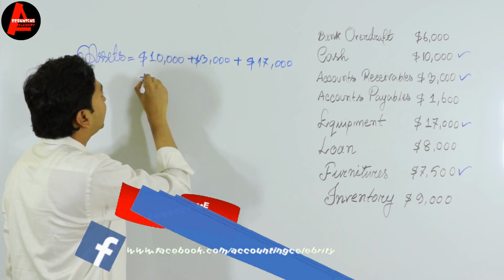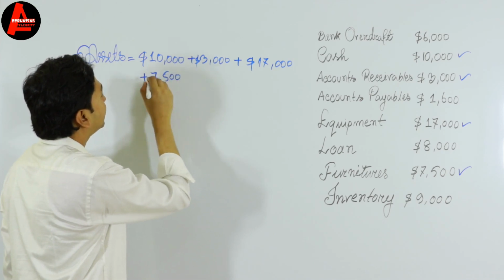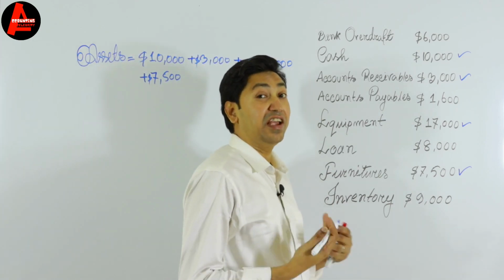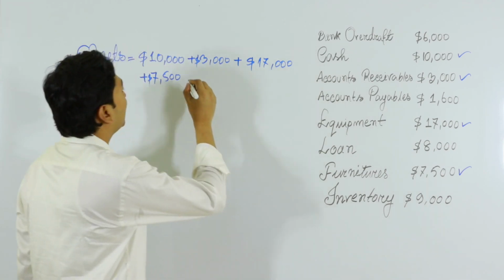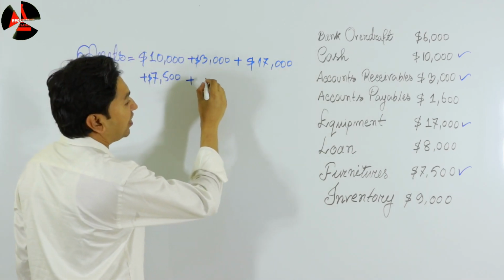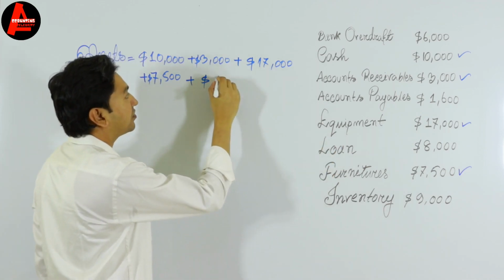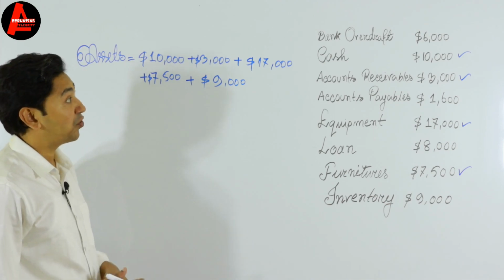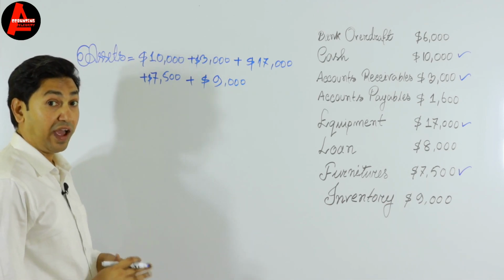So let us add this here, $7,500. Okay, then we have here inventory. Inventory is a current asset. Okay, so we have to include this one as well. So it is here $9,000. Okay, so no more. These are 5 items we have assets.